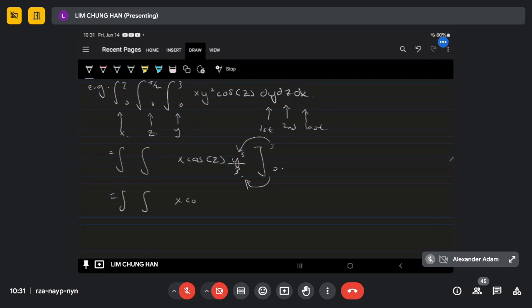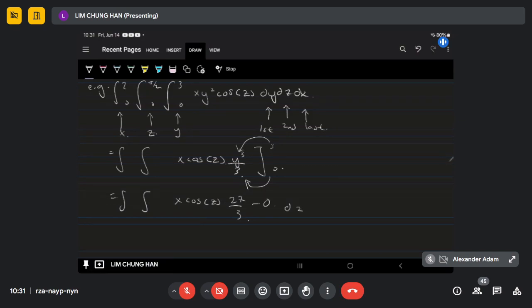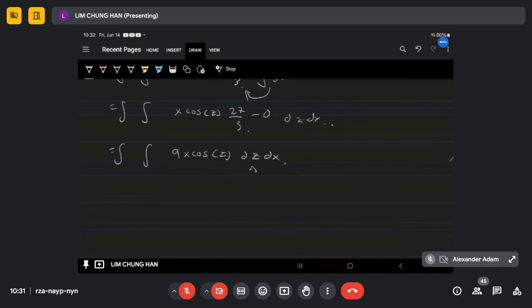You get x cos z times y cubed. y cubed is 27. And 0 becomes, the whole thing becomes 0, minus 0. Then you still have dz dx. So this equals 27 divided by 3, which is 9. So 9x cos z dz dx.